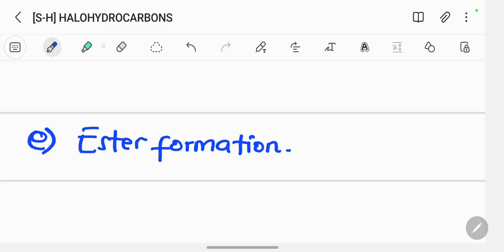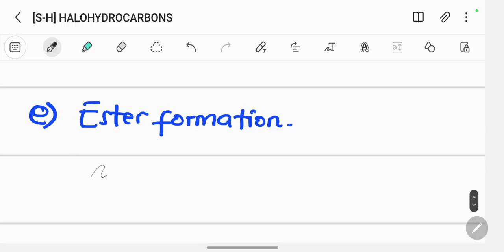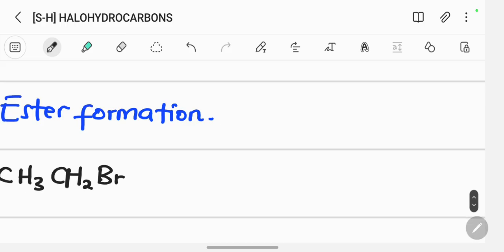So under my ester formation, I'm having a primary alkyl halide. Remember, we are still under reactions of alkyl halides, whether primary, secondary, vicinal, geminal, anything. We are trying to explore their reactions.